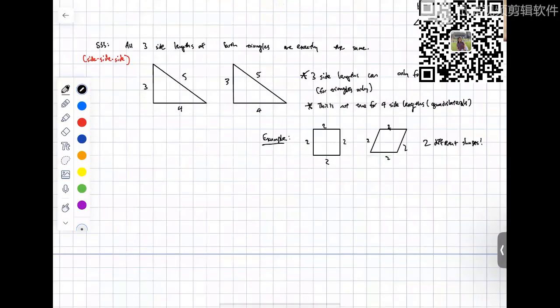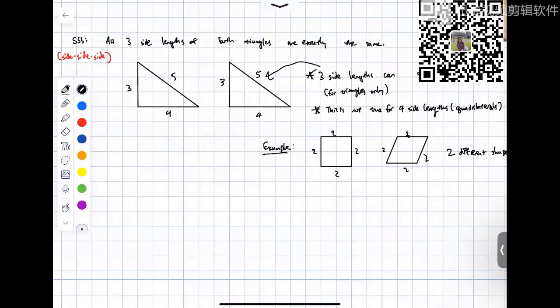Right? But on the other hand, for triangles, if you have a 3, 4, 5 triangle, it has to be this right triangle, 3, 4, 5 right triangle. There's no other shape that you can bend it into.